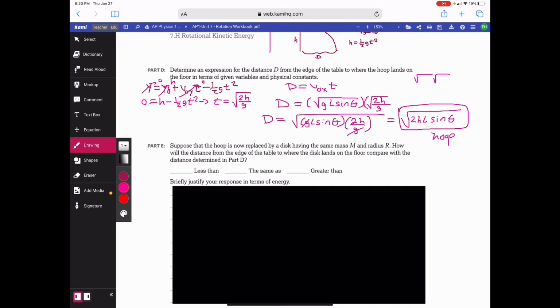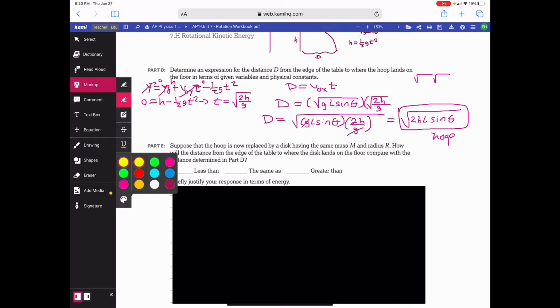And you can see the distance that you are away completely depends on the height of the table, which, by the way, is not going to change, not even for a disc. So that's not the big deal. The length of the ramp also is not going to change, and the angle is not going to change.